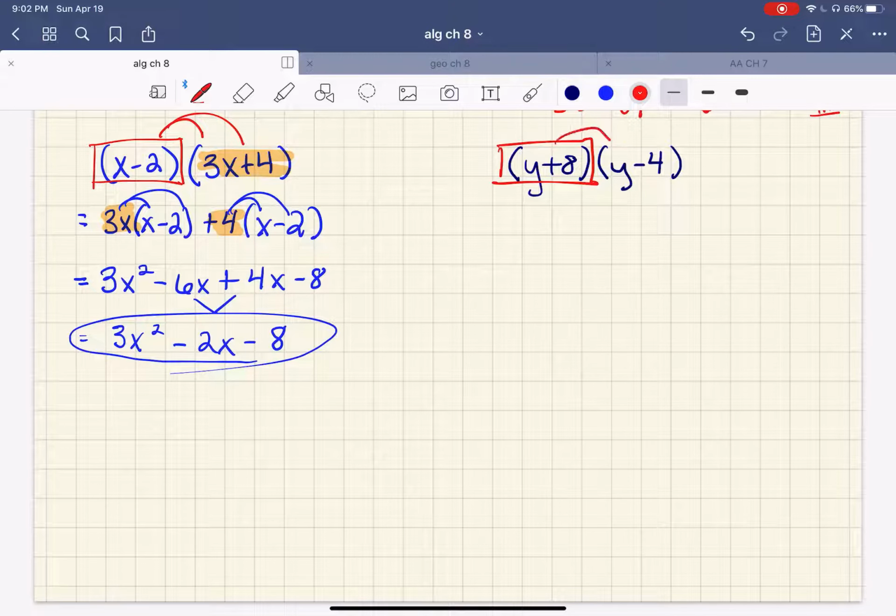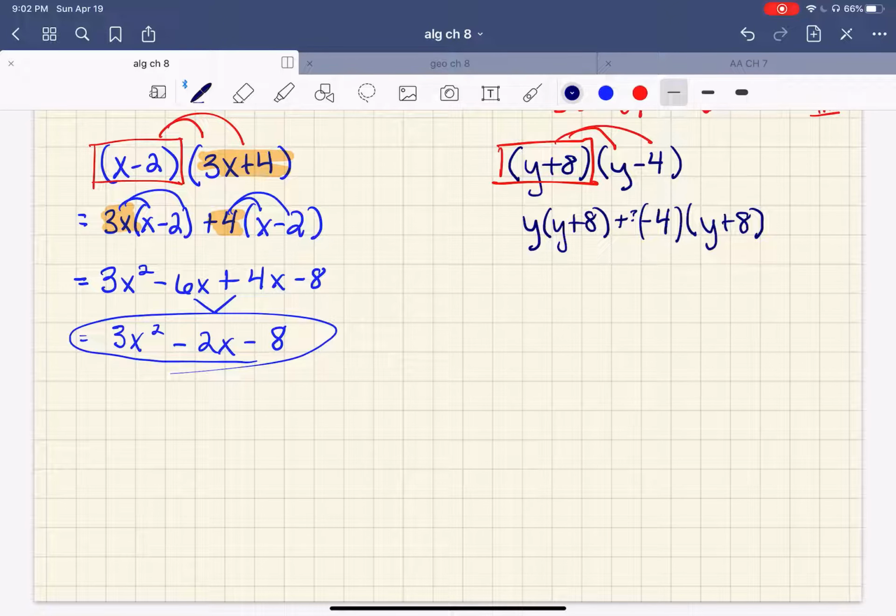So if I take that y plus 8 and I distribute to the y and the minus 4, I get y times y plus 8 plus negative 4 times y plus 8. So do you see what happened there? If I have a subtraction sign here, that means that this is a negative 4.